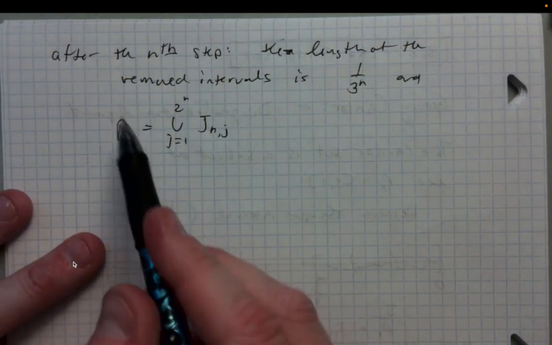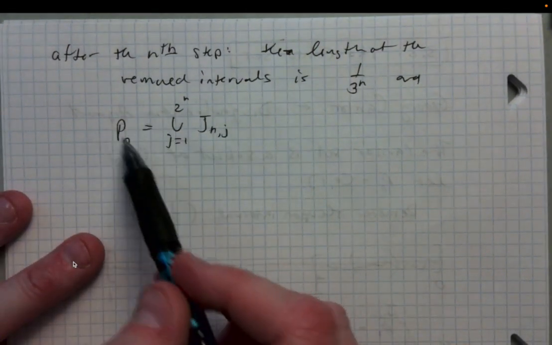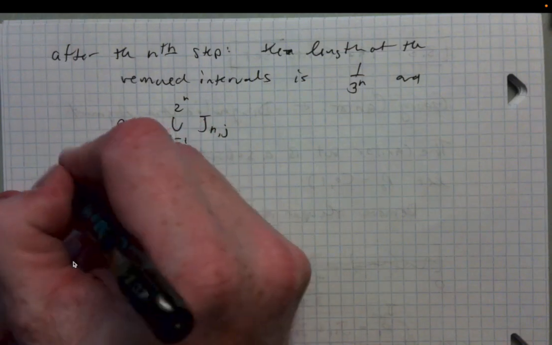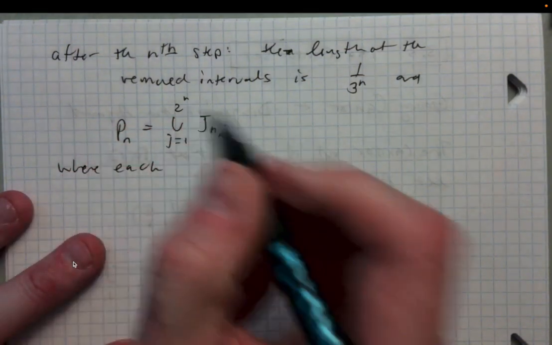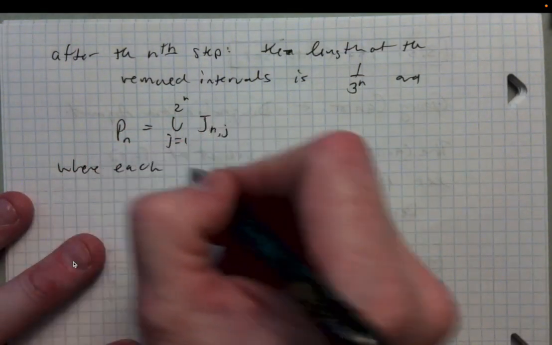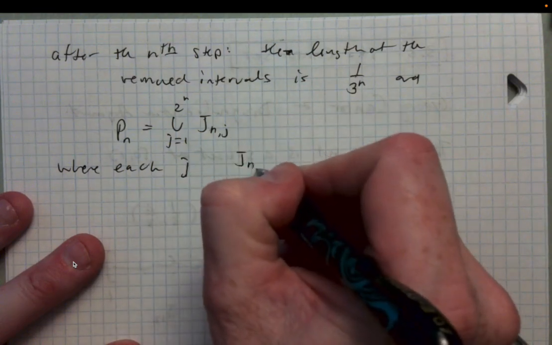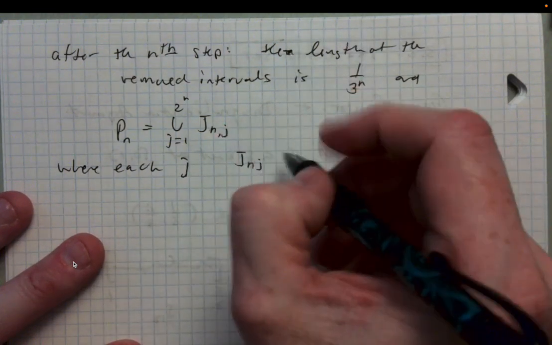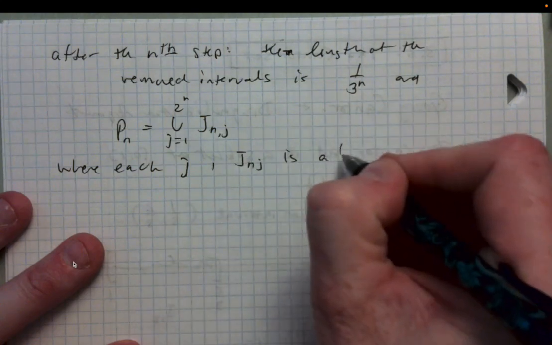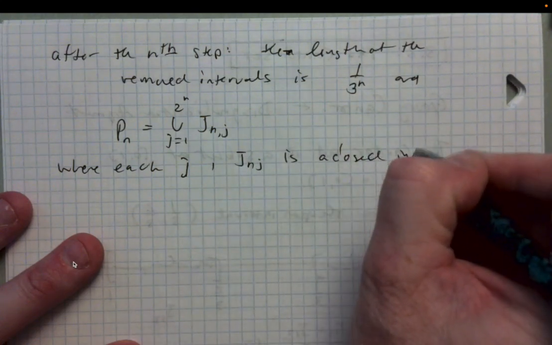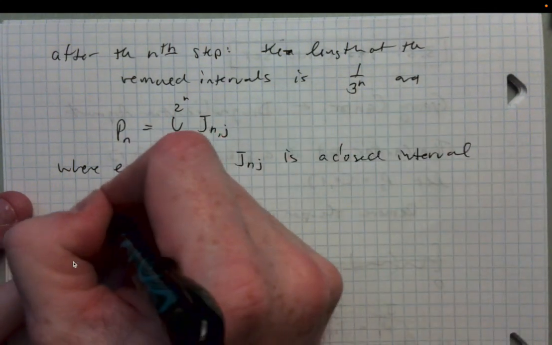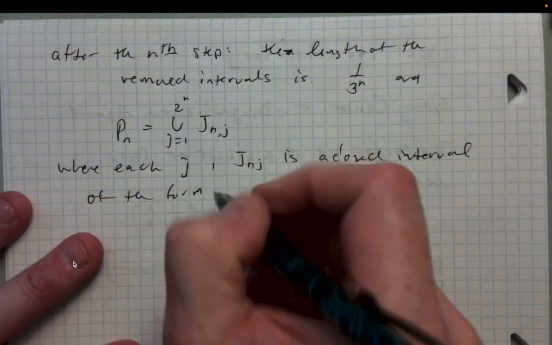Okay? So this is going to be your P sub n layer, and then we'll say where for each j, J n comma j is a closed interval of the form. What does it look like?